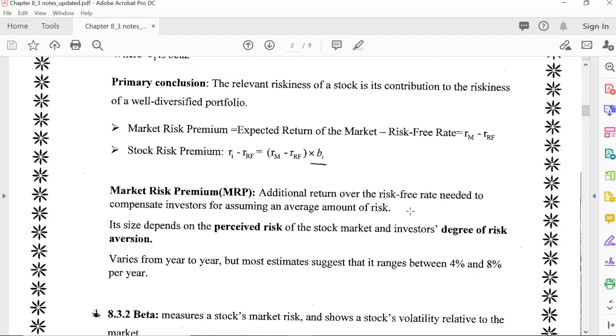Risk premium is the additional return that the asset has compared to the risk-free asset. And the stock risk premium, RI minus RRF, equals the market risk premium multiplied by beta, because beta is the percentage of how much the stock contributes to the market risk.